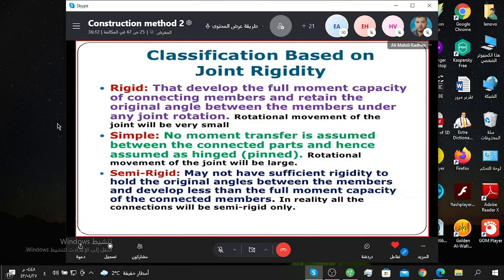Rotational movement of the joint will be large. Semi-rigid: may not have sufficient rigidity to hold the original angle between the members and develop less than the full moment capacity of the connected members. In reality, all connections will be semi-rigid.